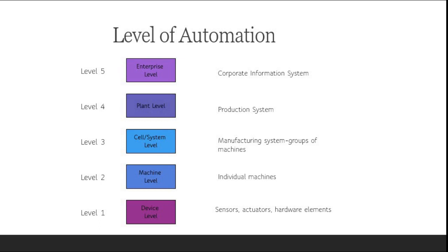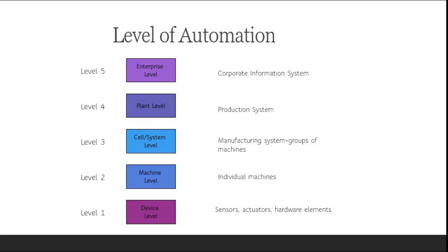And the highest level of automation is at the level of enterprise. This is the highest level, and it concerns all the functions necessary to manage the company, such as marketing and sales, accounting, design, research, aggregate planning, and master production scheduling.